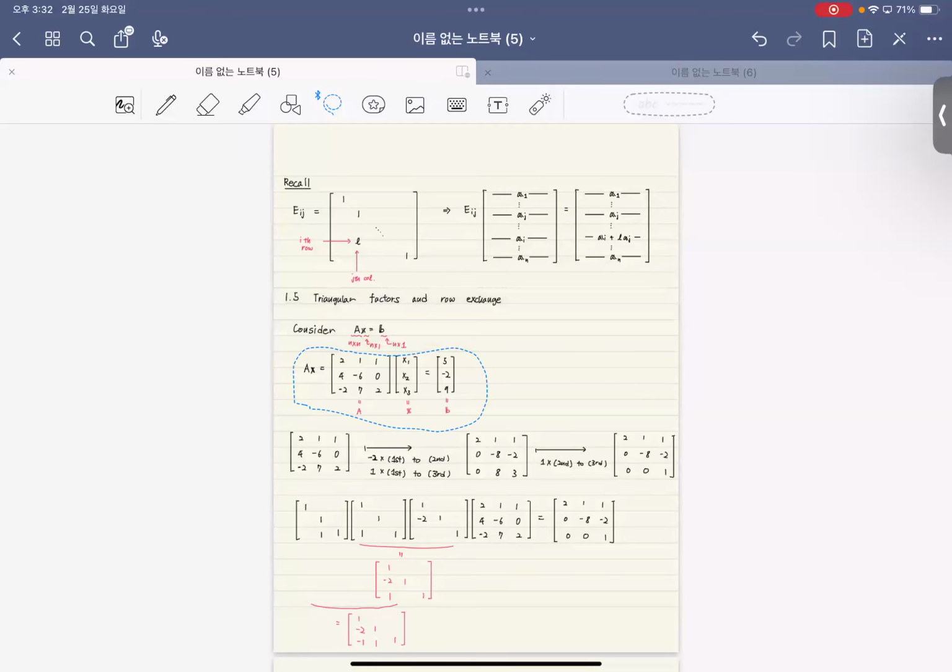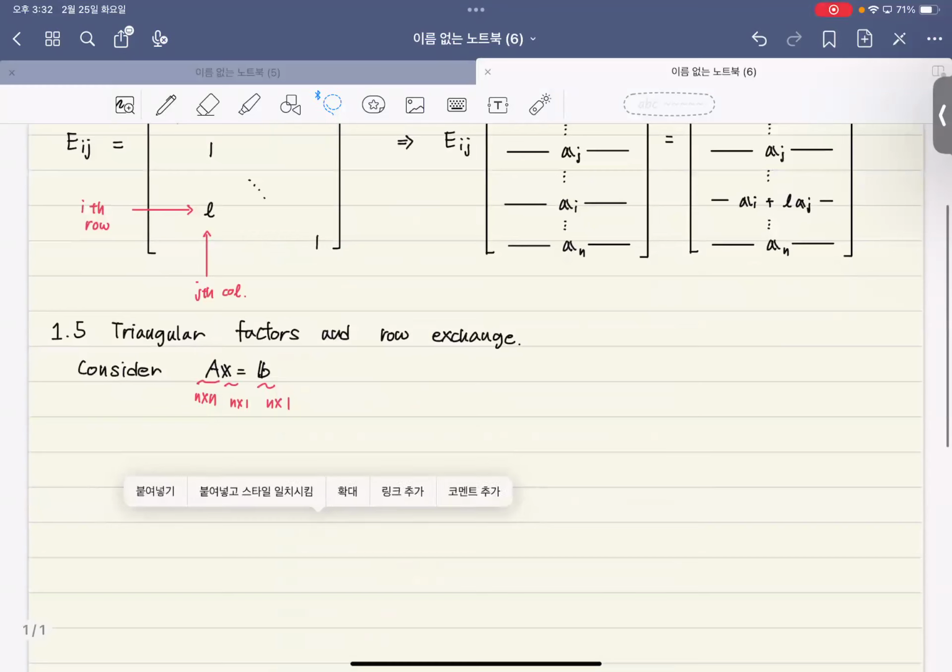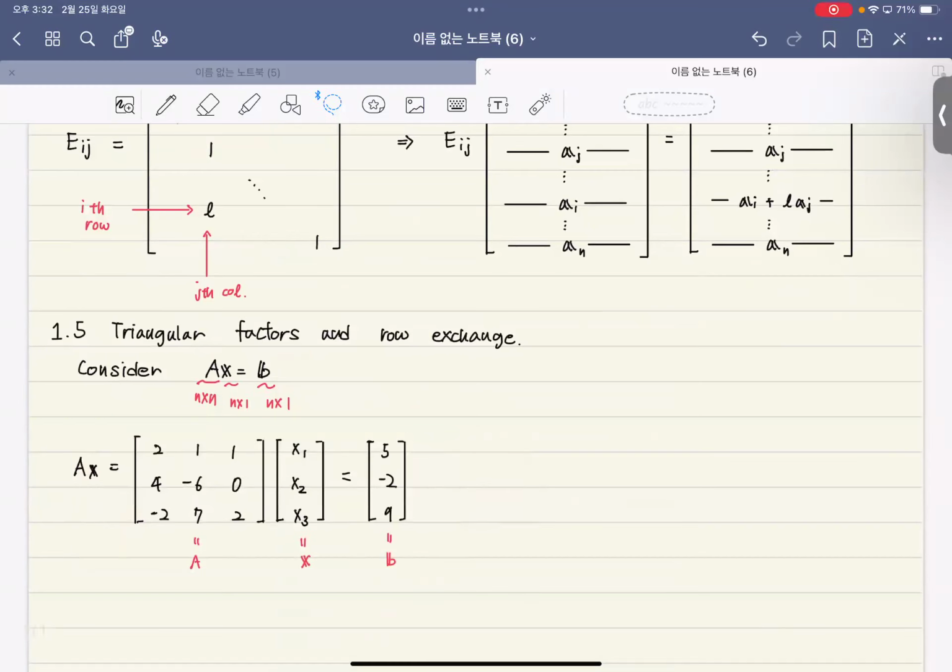This is our example. If this is A and this is X and this is B, A and B are given and you are supposed to solve for X1, X2, X3. All right, and last time, in order to solve any given system of linear equations, you need to do so-called elementary row operations.